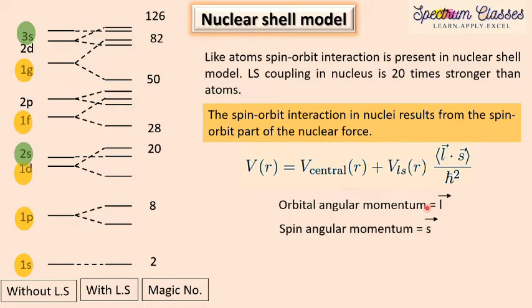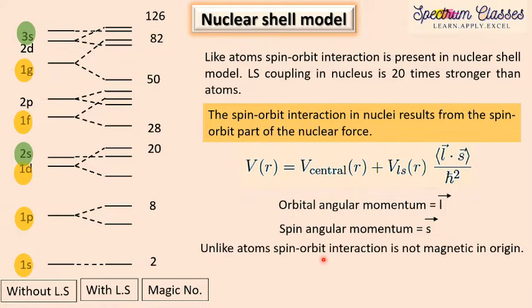Here orbital angular momentum is represented by L, which is a vector quantity, and spin angular momentum is represented by small s, which is again a vector quantity. The spin orbit coupling in the nucleus is of non-magnetic origin, whereas it is of magnetic origin in the case of atoms. So that is the difference between the nucleus and the atom.